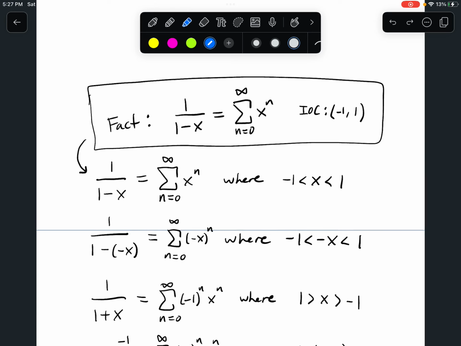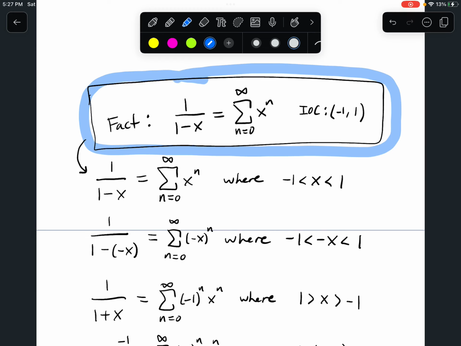So we often start off with this particular fact. This fact says that 1 over (1 minus x) is equal to the summation of n is equal to 0 to infinity of x to the n over the interval of convergence -1 to 1.